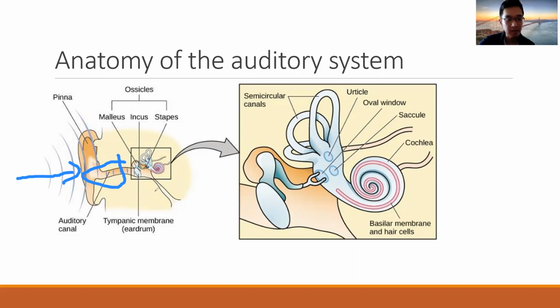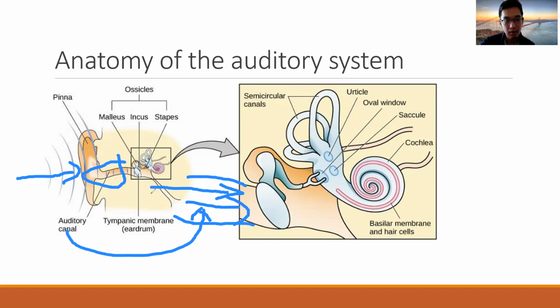But what's inside of the canal? There is some other stuff. Let's look at the picture on the right. Here is the canal. When the sound wave goes in this direction, from left to right, the sound wave is moving in the air, and finally it reaches this part.